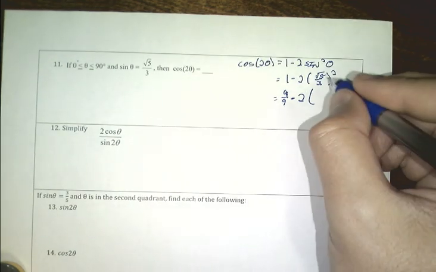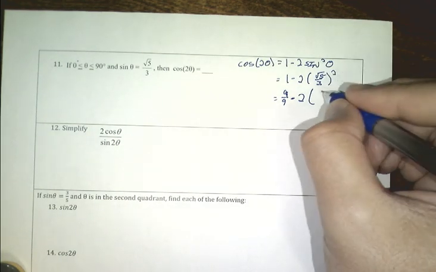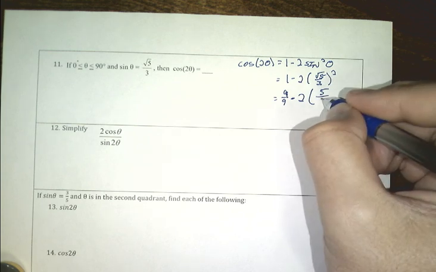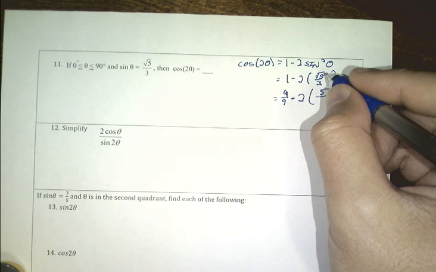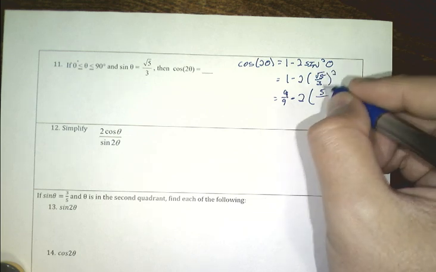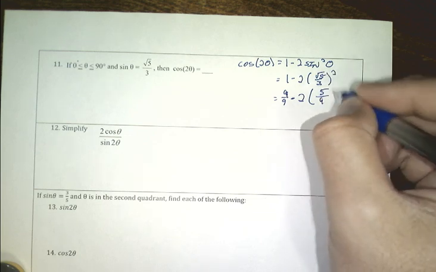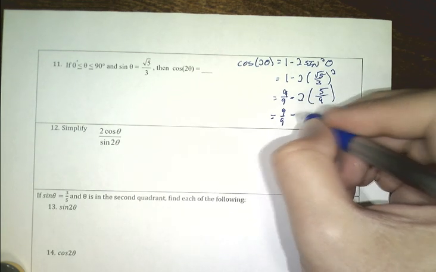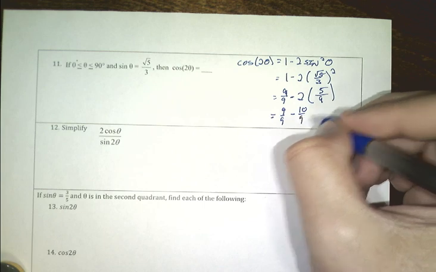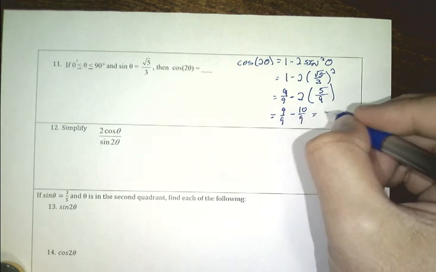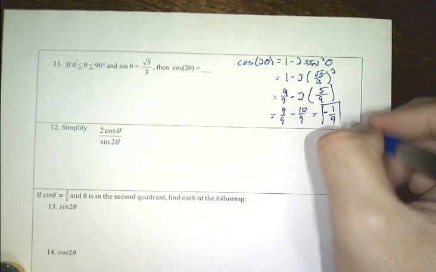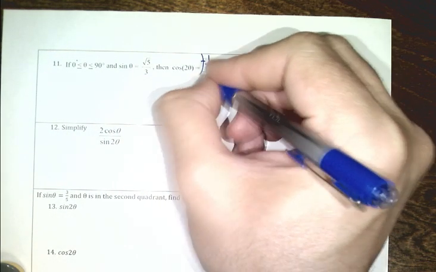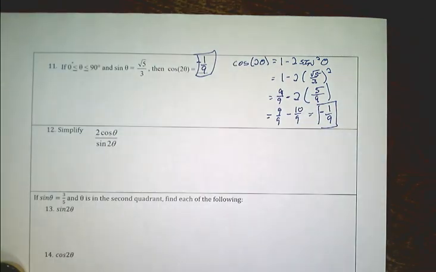Minus 2 times, well, the square root of 5 squared is 5, 3 squared is 9, so we're going to get 9 over 9 minus 10 over 9, which is equal to negative 1/9. So negative 1 over 9. Done.